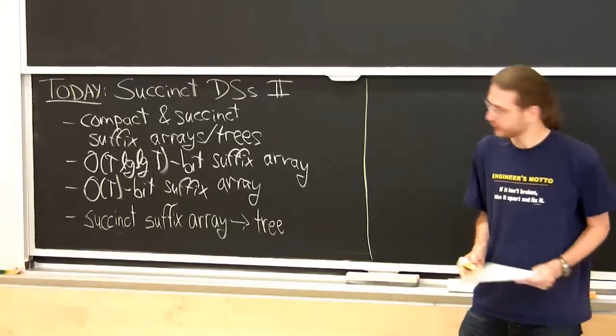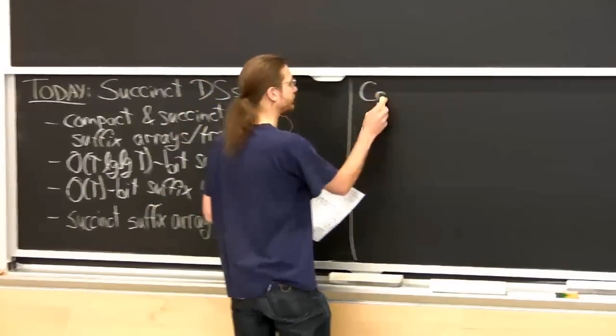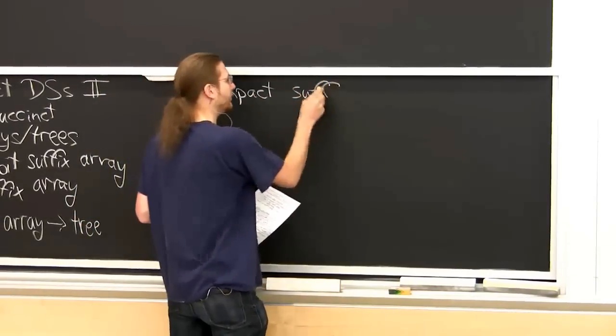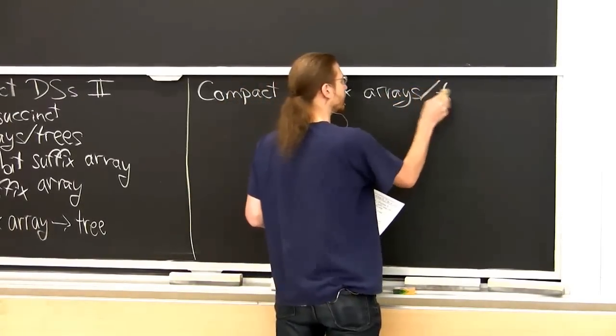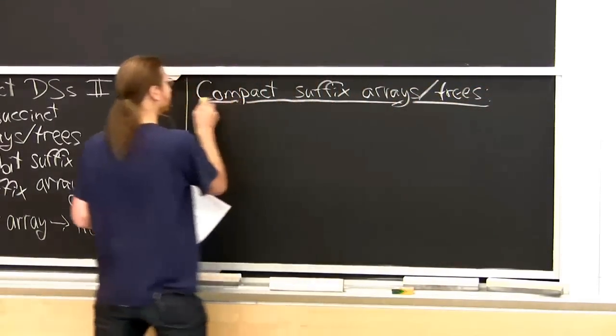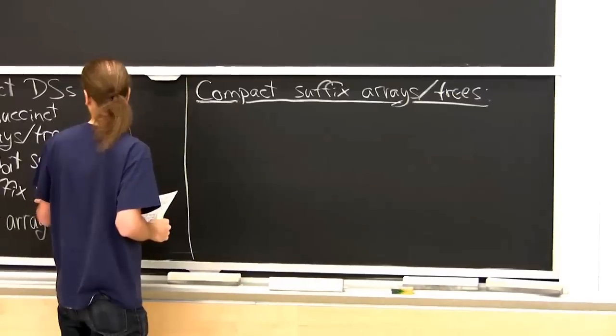But before we go to those data structures, I want to give you a little survey of what's known: compact suffix arrays and trees. I'm going to start out with the original results, and then I'll jump to the latest results, which are getting things to be succinct.